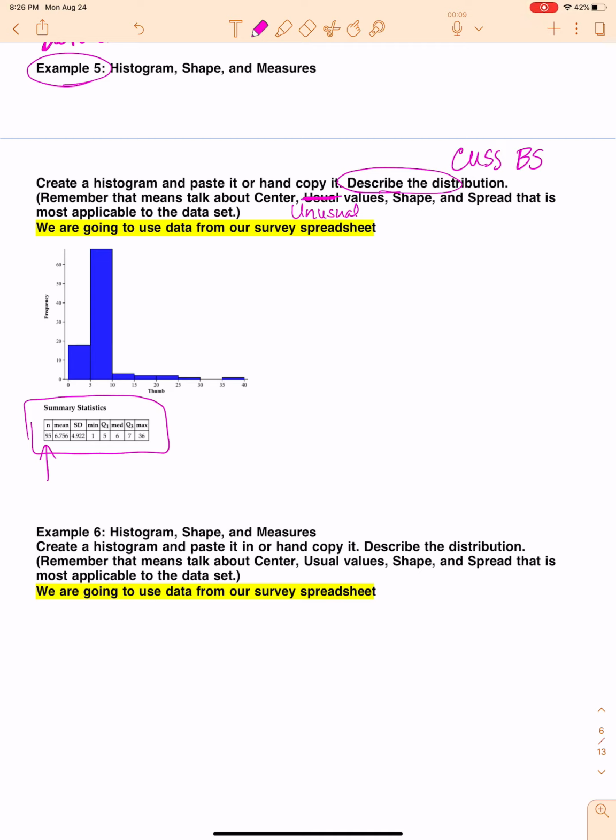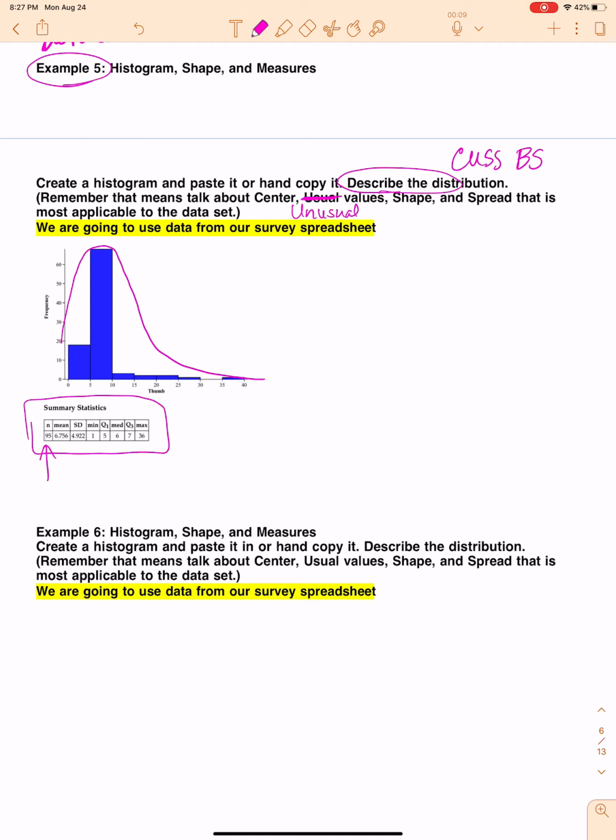So what are the other values and why are they important to me? Okay, let's look at this. The first thing I'm going to talk about, because it's the most important as far as the other things we're going to report, is the shape. If you'll notice, most of my data is right here, and then it kind of tapers off to the right.